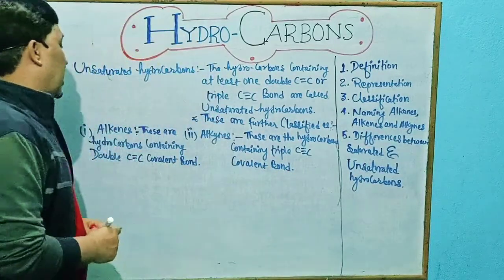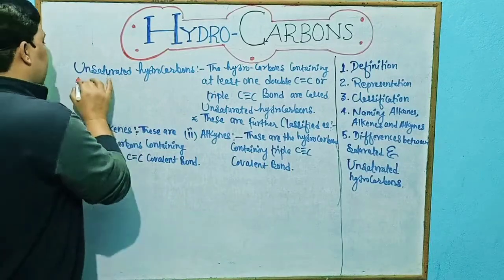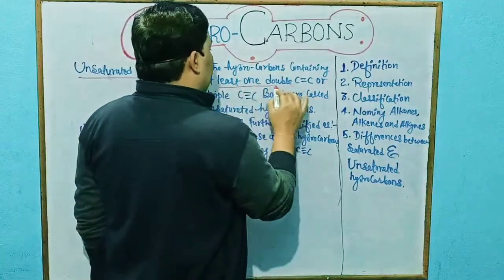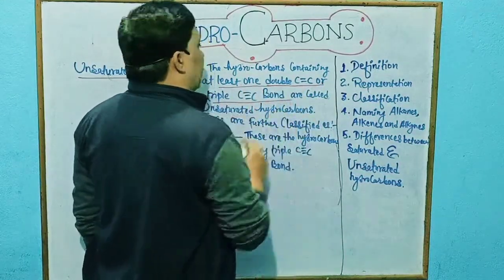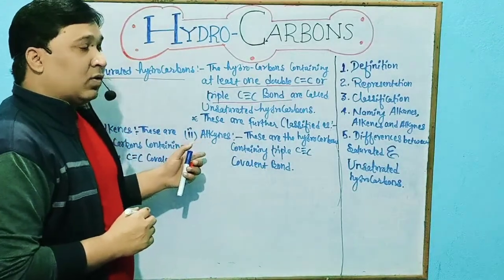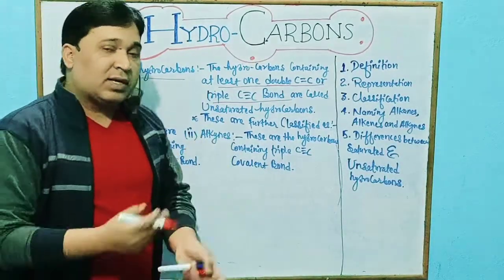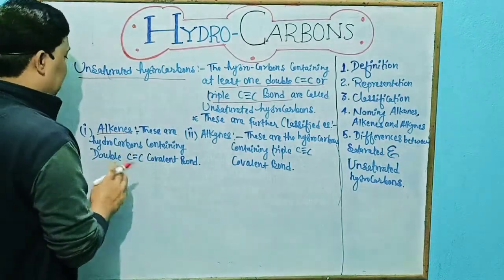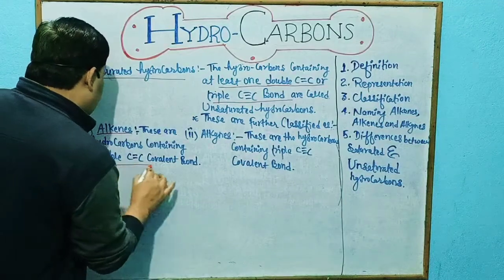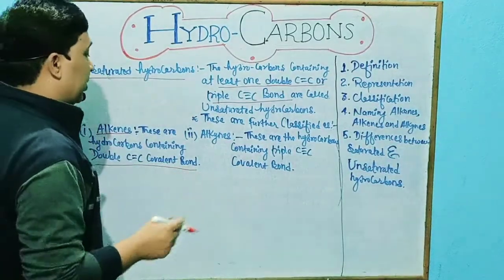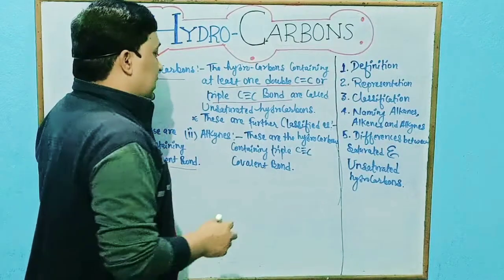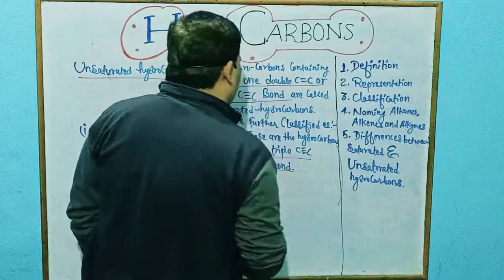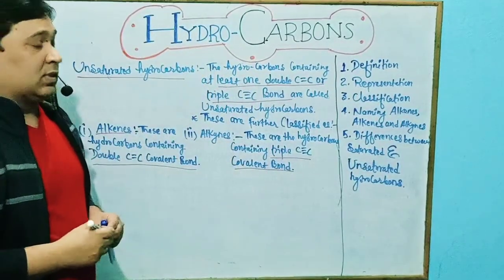So unsaturated hydrocarbons are the hydrocarbons containing at least one double or triple covalent bond, further classified as alkenes, containing a double bond between carbon atoms, and alkynes, containing a triple covalent bond between carbon atoms.